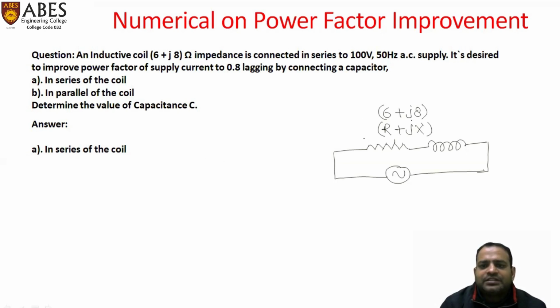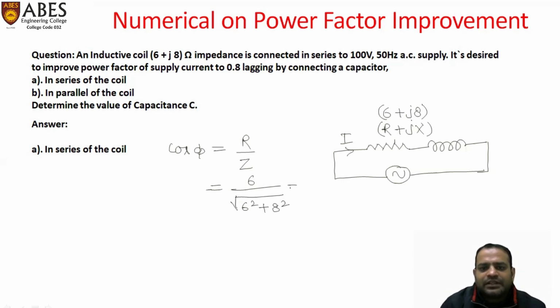Initially we have this circuit, 6 plus j8, an inductive coil. So what is the power factor right now? With this 6 plus j8 we have Z, and Z is basically R plus jX, then cos phi is R by Z, and the value of R is 6. And what about Z? Z is the square root of R square plus XL square.